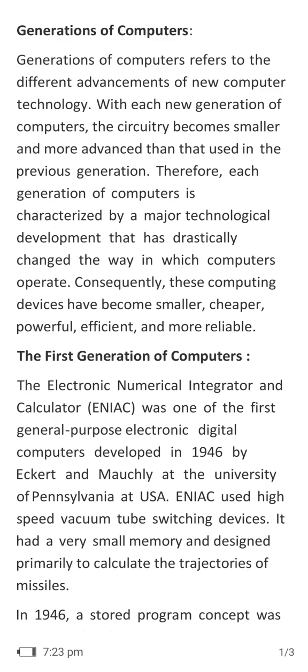First of all, come to the first generation of computers. The electronic numerical integrator and calculator, ENIAC, was the first general purpose electronic digital computer, developed in 1946 by Eckert and Mauchly at the University of Pennsylvania in the USA.